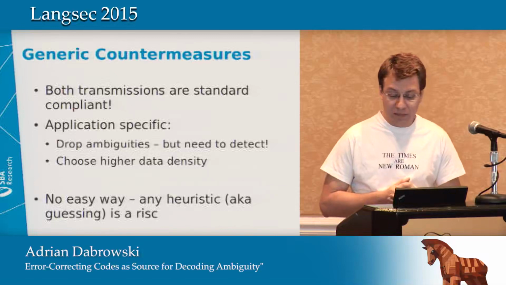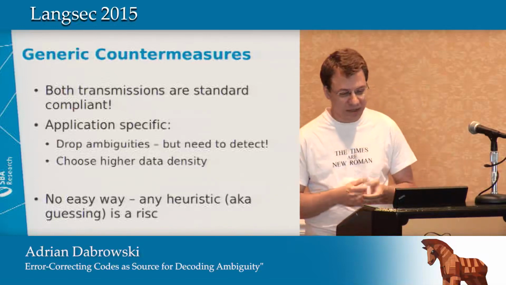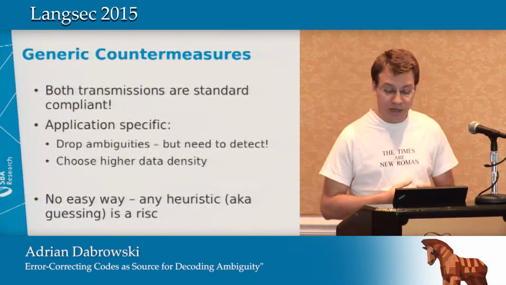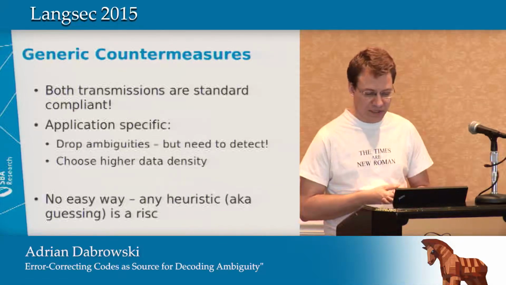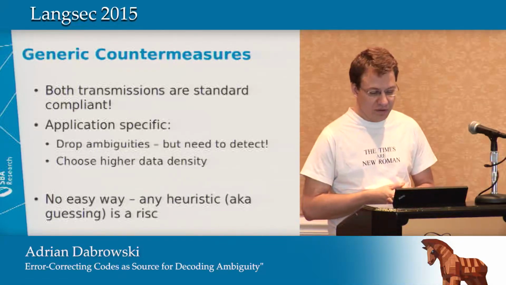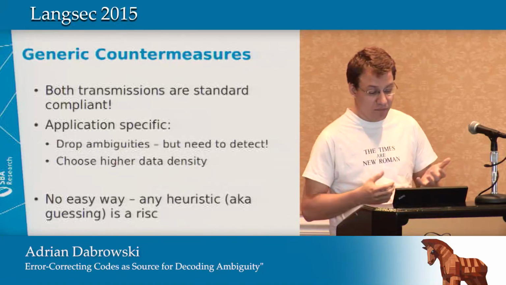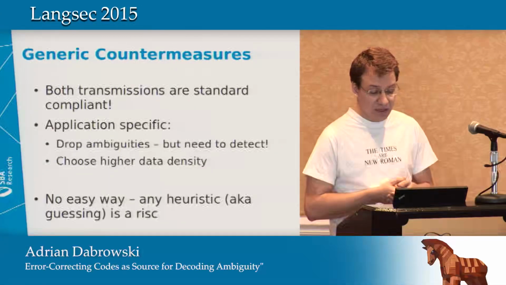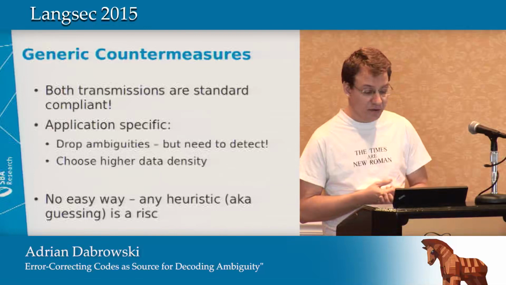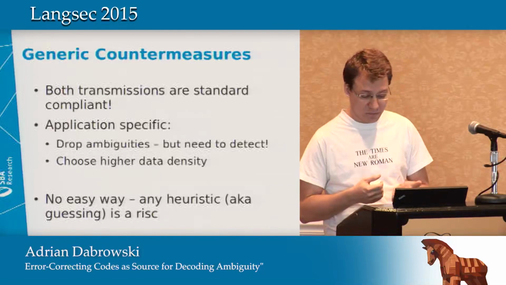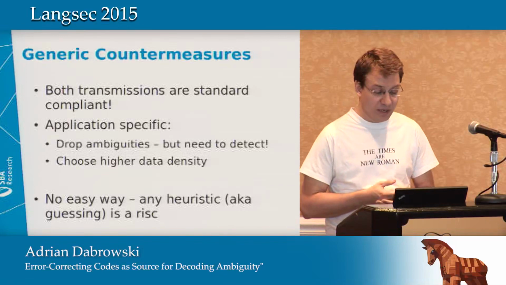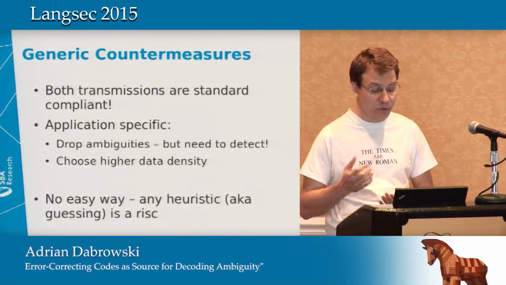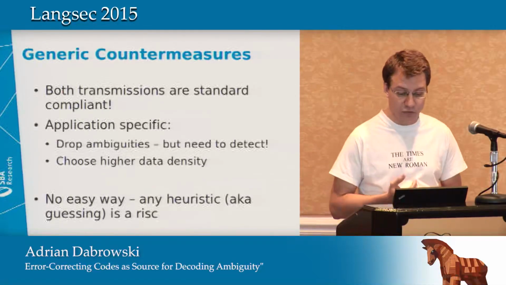And this might also include decoding and verifying all possible interpretations of the received data. So, application specific, the decoder could either drop the data, or it can escalate it up towards the user and let the user choose.